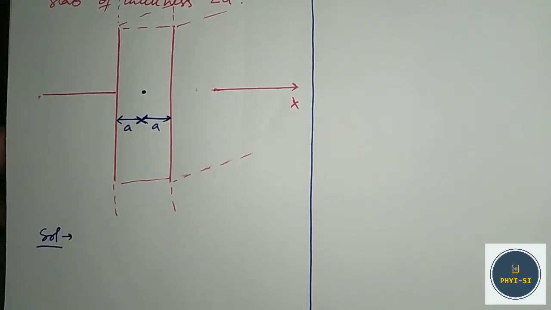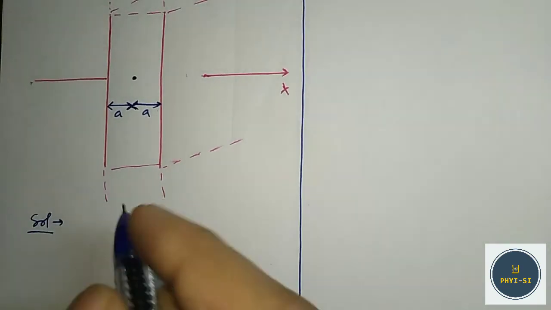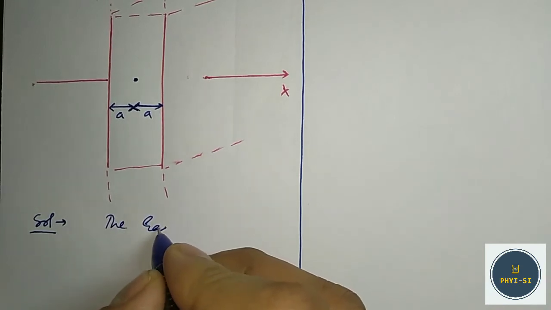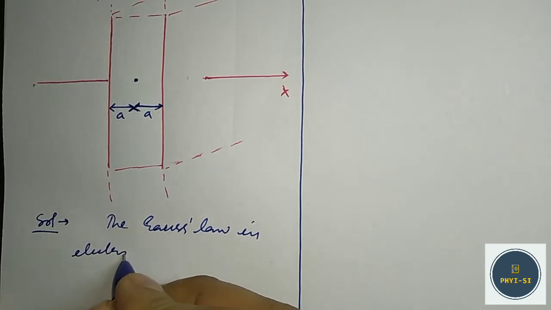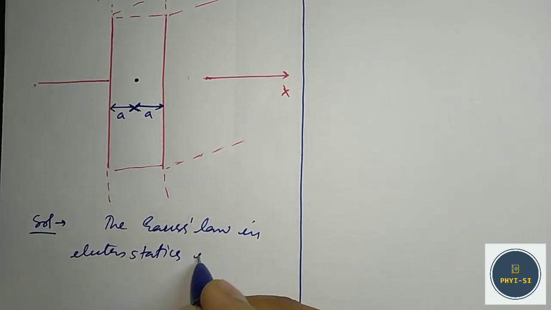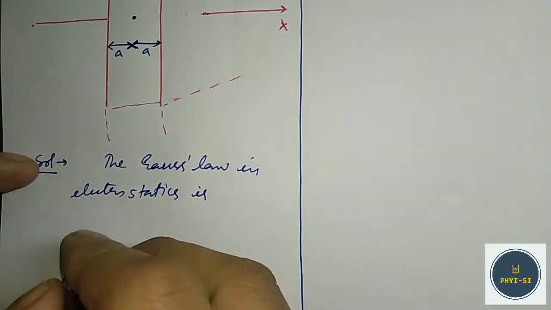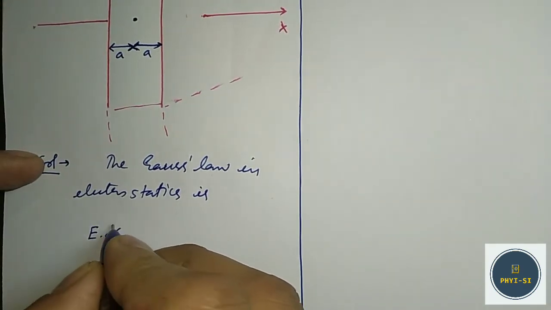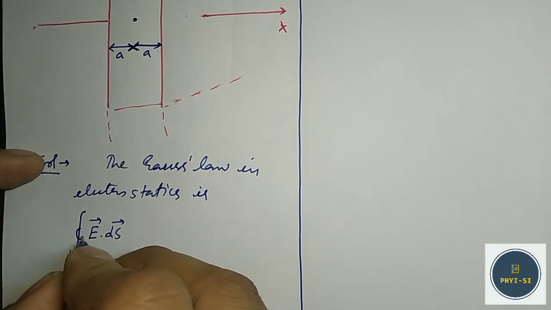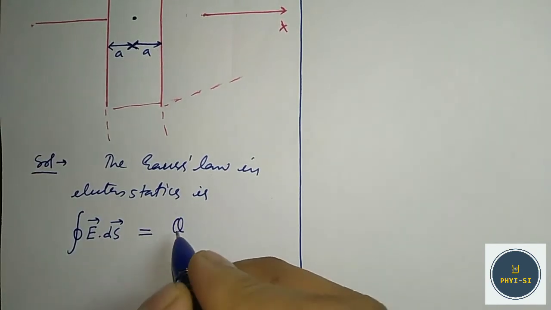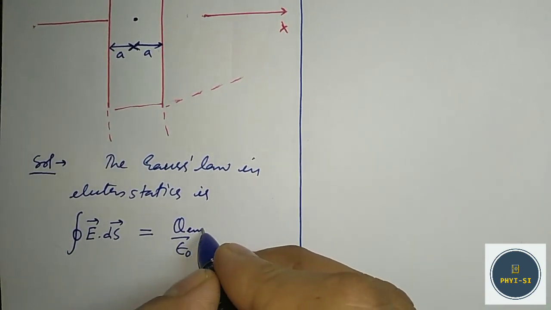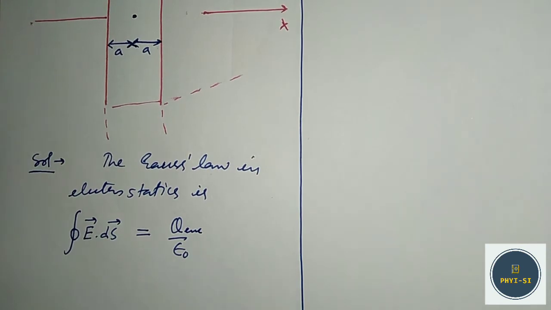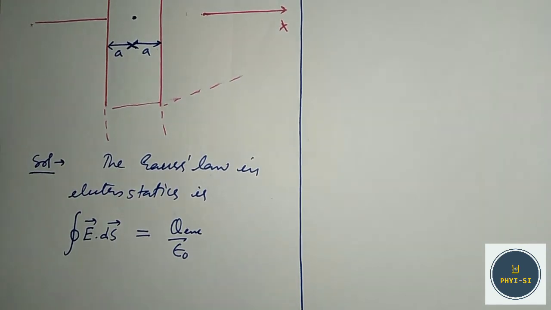Gauss law in electrostatics is: the flux of electric field through a closed surface is equal to 1 upon epsilon times the charge enclosed inside the surface.